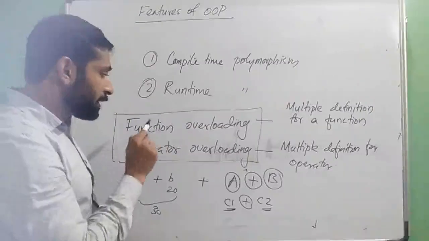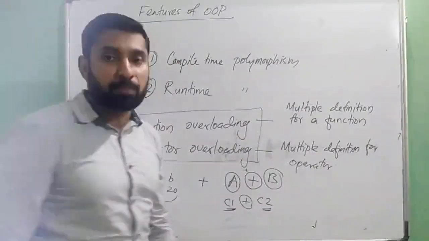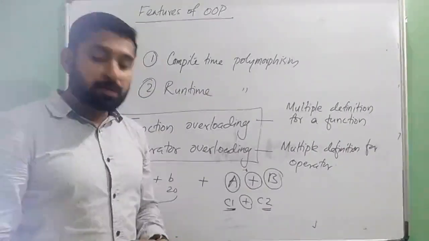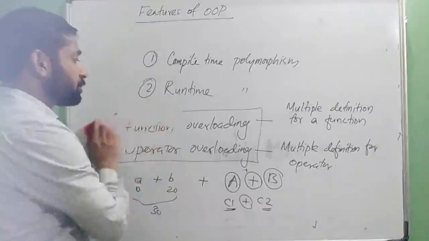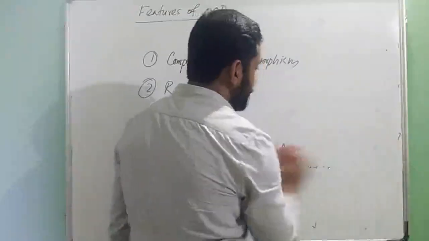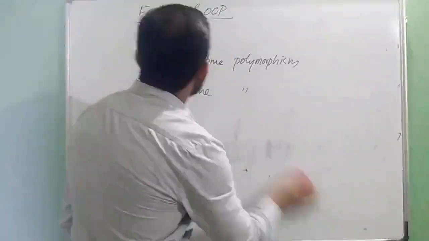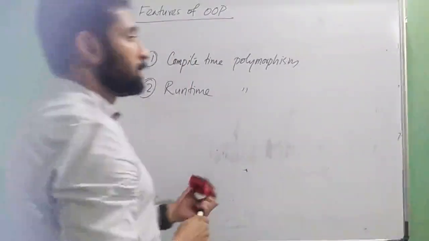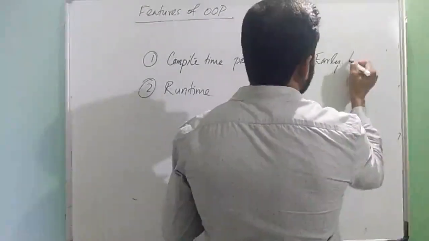These function overloading and operator overloading are compile time polymorphism, which means which function is to be executed or which calculation is to be done is determined during compilation of the program. This compile time polymorphism is also known as early binding.